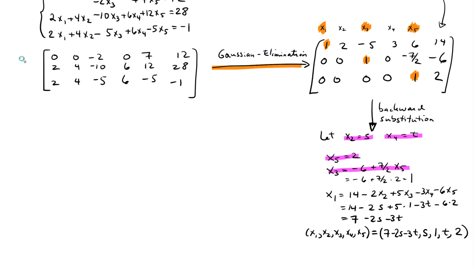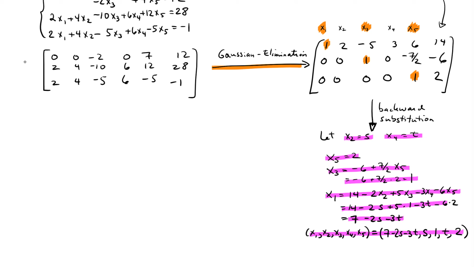So replacing x5 by 2, we get that x3 is 1. We did all that work before, so I'm going a bit fast here. And if we solve the first equation for x1, replacing x2, x3, x4, x5 by the values we already obtained, it can be simplified to 7 minus 2s minus 3t, and finally regrouping everything together, we get our final solution set, right?